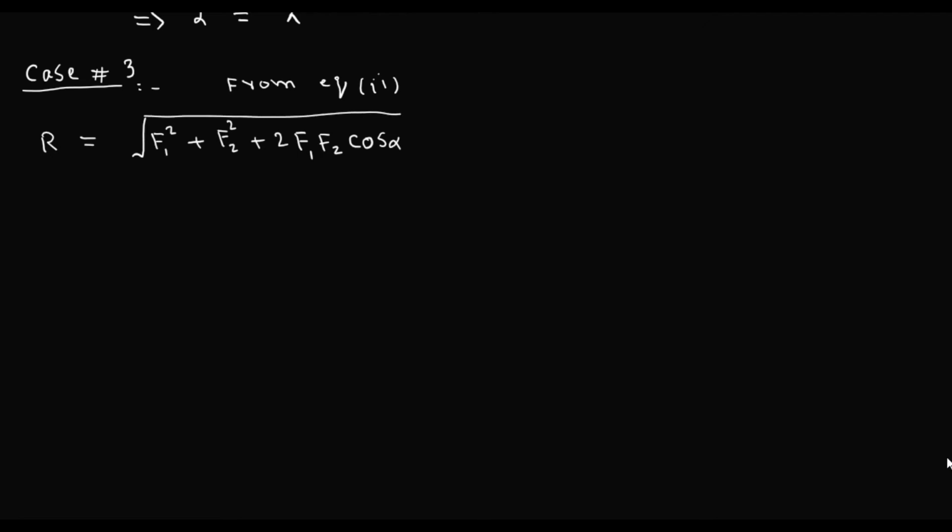Now we are discussing another case, in which the forces are perpendicular. When F1 and F2 are perpendicular, the angle between F1 and F2 must be 90 degrees or pi by 2.